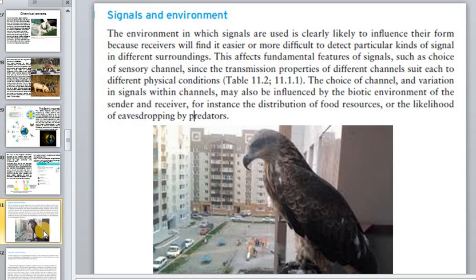This affects fundamental features of signals, such as the choice of sensory channel, since the transmission properties of different channels suit different physical conditions, and the choice of channel and variation in signals within channels may also be influenced by the biotic environment of the sender and receiver, for instance, the distribution of food resources or the likelihood of eavesdropping by predators.